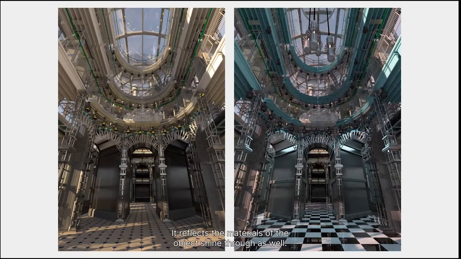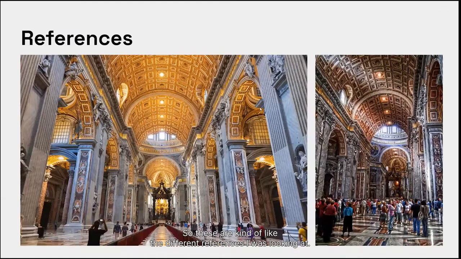It really lets the materials of the object shine through as well. So these are the different references I was looking at. I think it's really good to have all sorts of references while you're doing this, because there's something you can go back and refer to in terms of the level of detail, the color palette, and how the materials work.